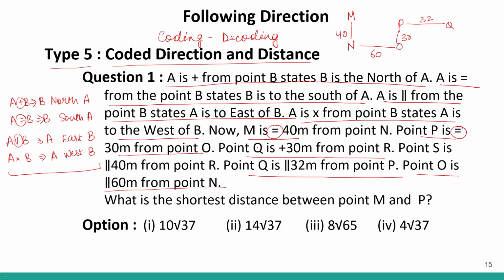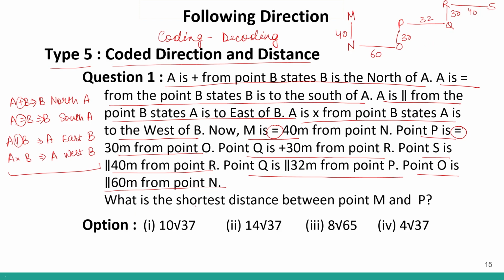R will be 30 meters north of Q. So it will go like this. Then it says that S is towards the east of R by 40 meters. So if we move 40 meters towards the east, S will be over here. So this will be my final diagram: M, then N, then O, then P, then Q, then R, then S.